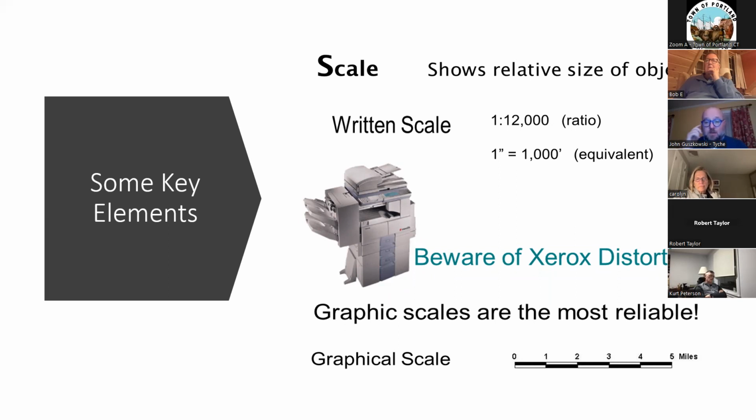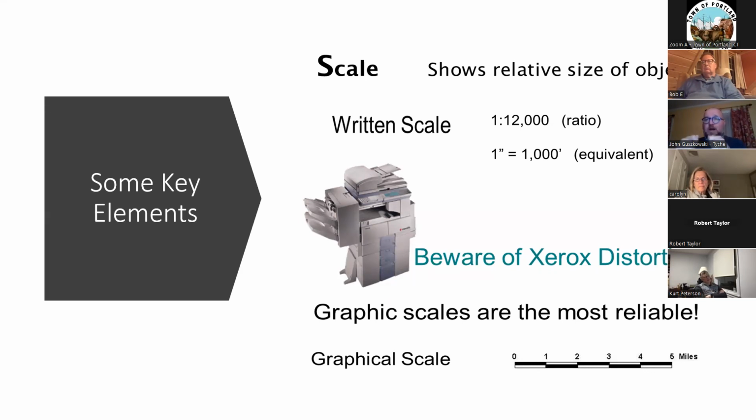But a graphical scale is the most useful because again, something could be drawn on a 24 by 36 site plan at 40 scale, 1 inch equals 40 feet, and then you reduce it to an 11 by 17 or an 8.5 by 11, or you just photocopy a section of it, and all of a sudden it's not to that scale.